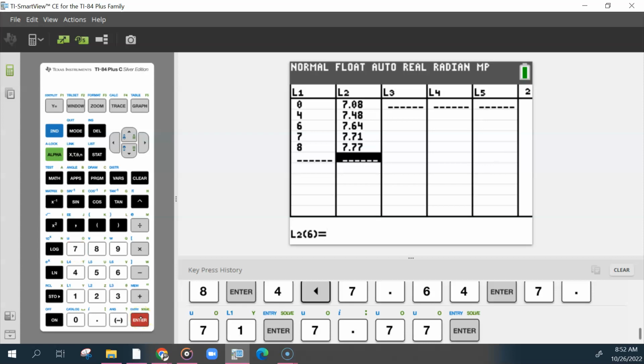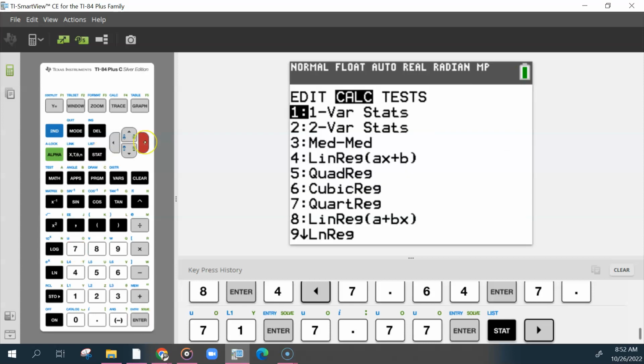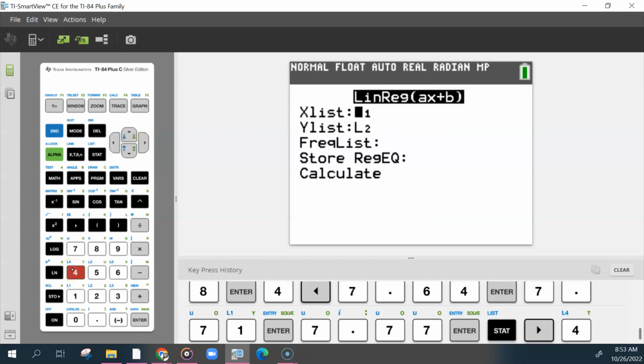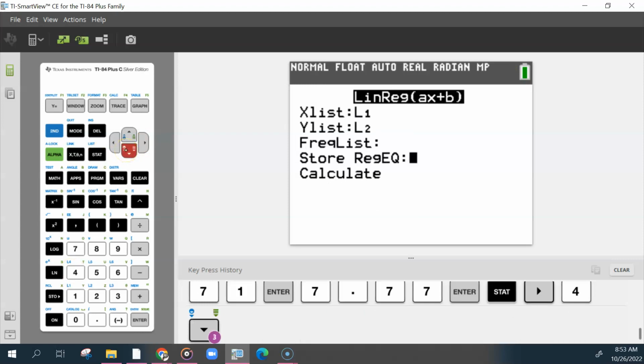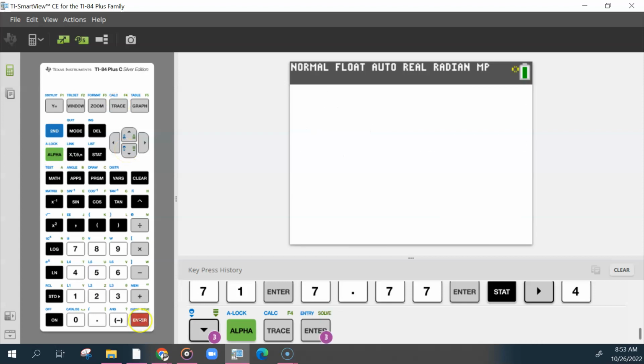And once your data is in, go back to stat, scroll over to calculate, number 4, store regression equation, hit alpha trace, and enter until your screen changes.